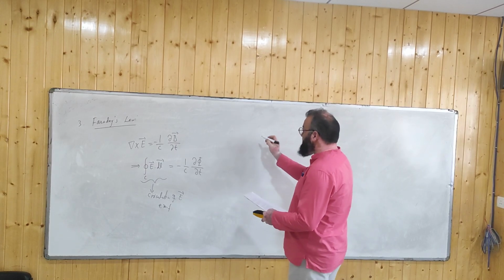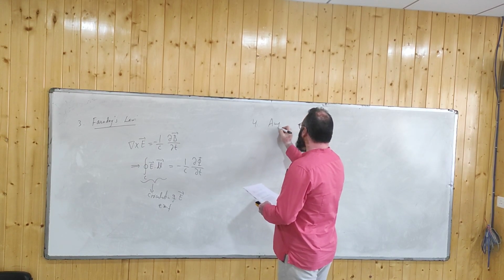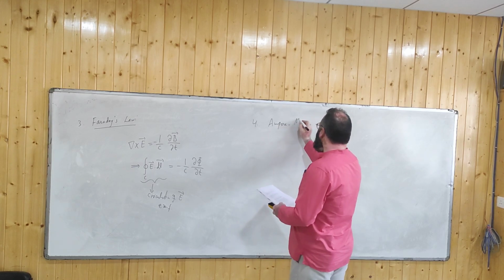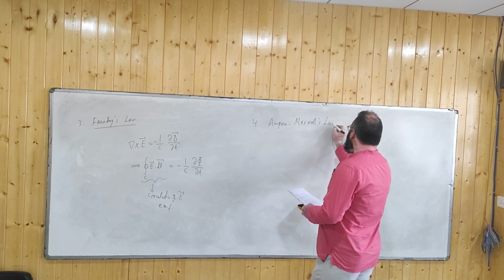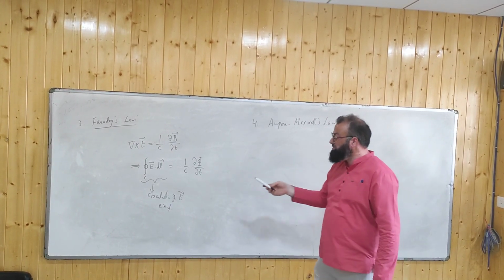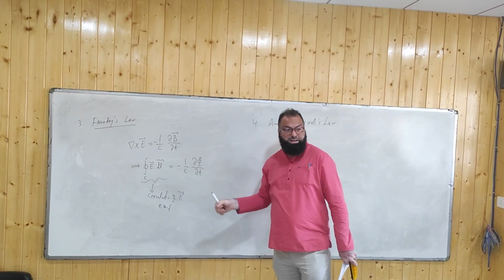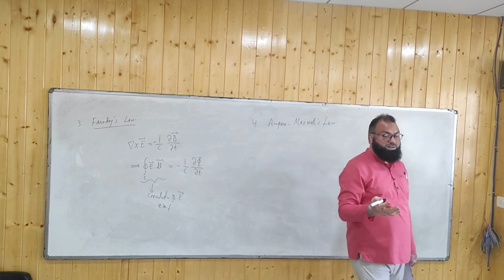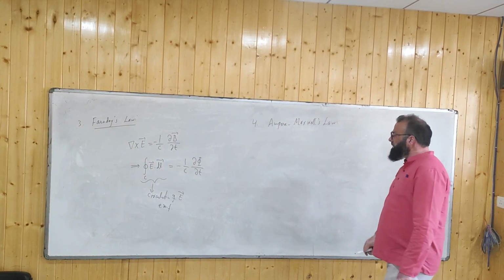What is the fourth law? Anybody? It is the Ampere-Maxwell law. Here, a changing magnetic field gives rise to an electric field. Now Ampere-Maxwell's law says that a changing electric field gives rise to a magnetic field.